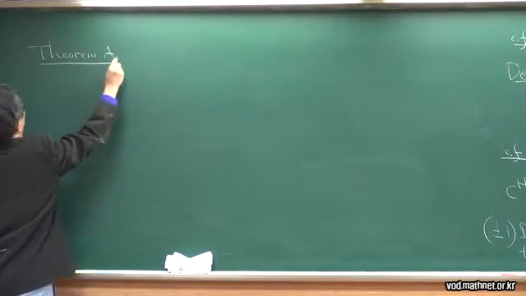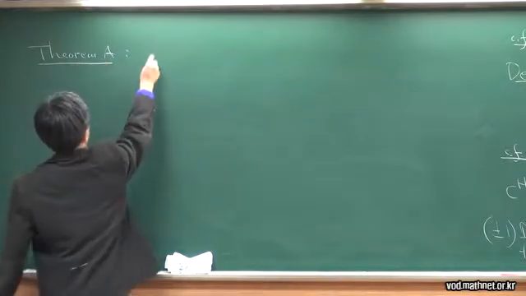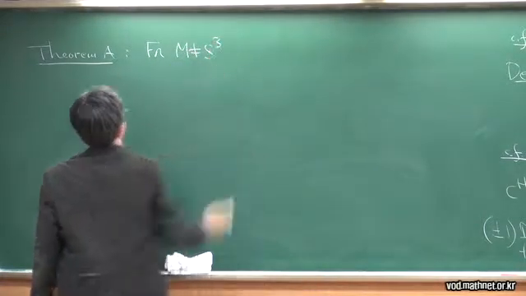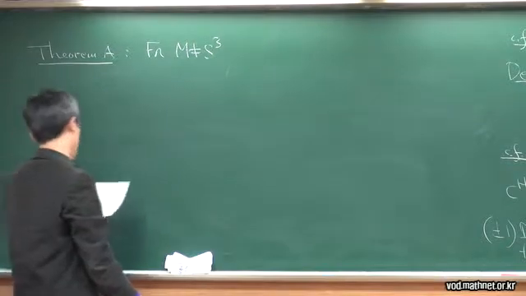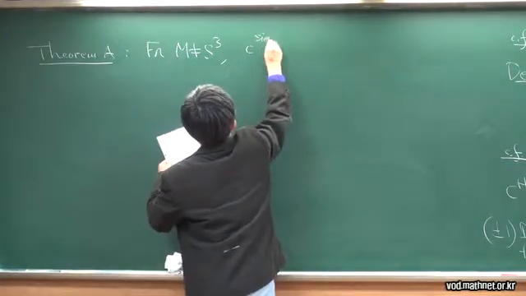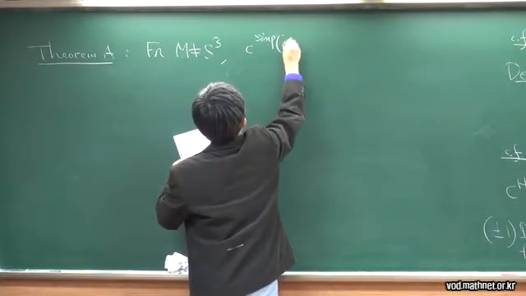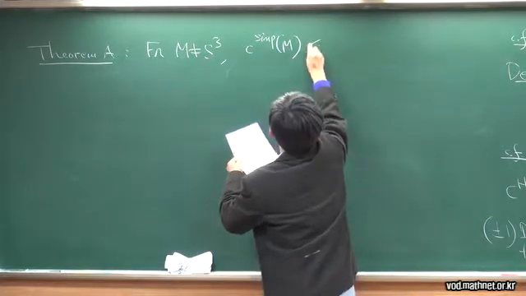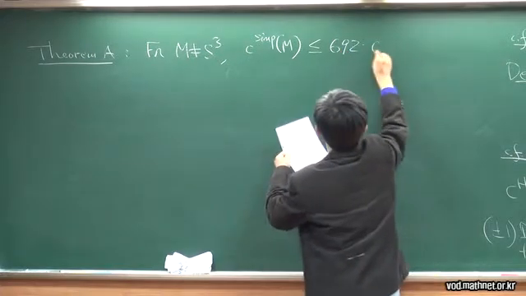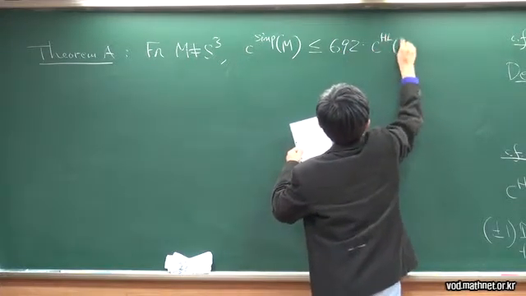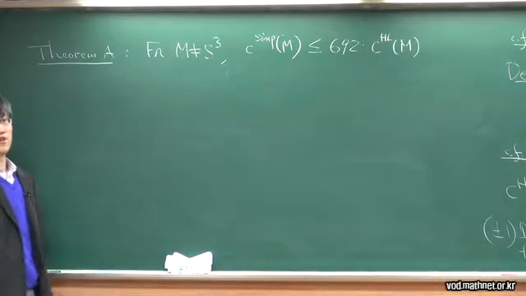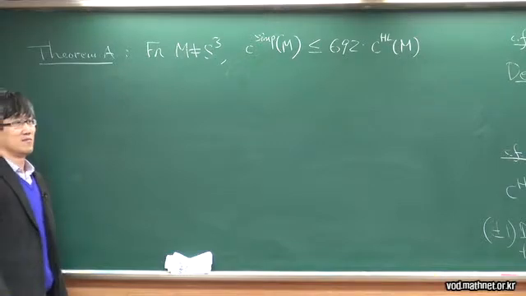Let's call it Theorem A. If my three-manifold is not the three-sphere, then the simplicial complexity is bounded by 692 times the Heegaard complexity. Okay, that's my first theorem.